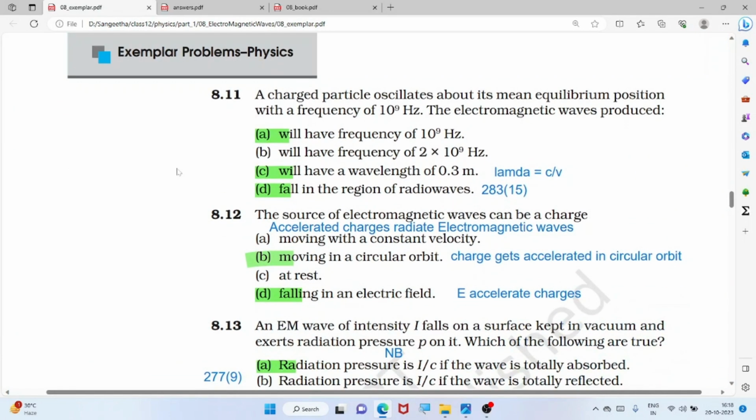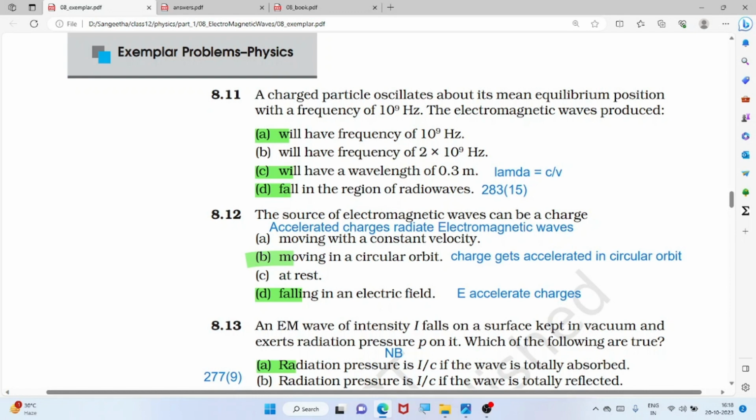Question 11. A charged particle oscillates about its mean equilibrium position with the frequency of the electromagnetic wave it produces, so the wave will have the same frequency. We have the wavelength, so we use the formula lambda equal to c by nu, the speed of light divided by the frequency.